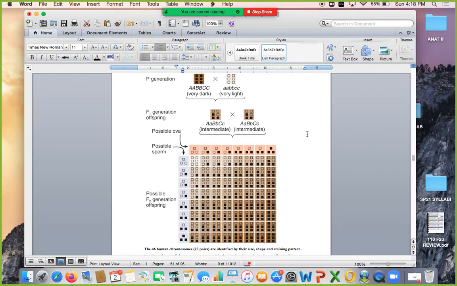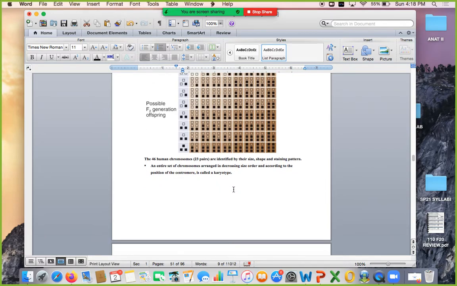So 8 on this side and 8 on this side gives us 64 different combinations between very, very light, namely all 6 are going to be lowercase, to very, very dark, when all 6 are uppercase, right? So we can have a very wide range of phenotypes that come out of the offspring if it's a multigenic trait, meaning that there are many genes involved in its creation.